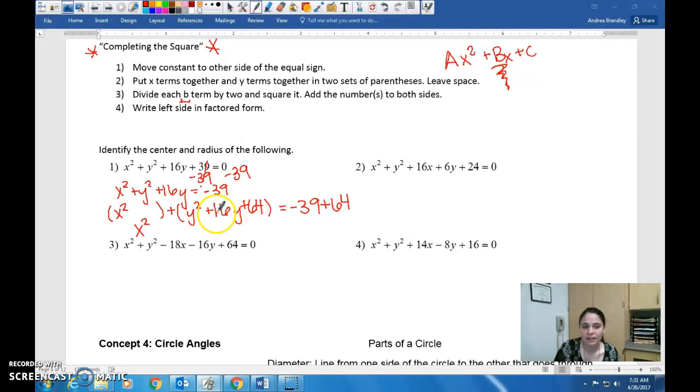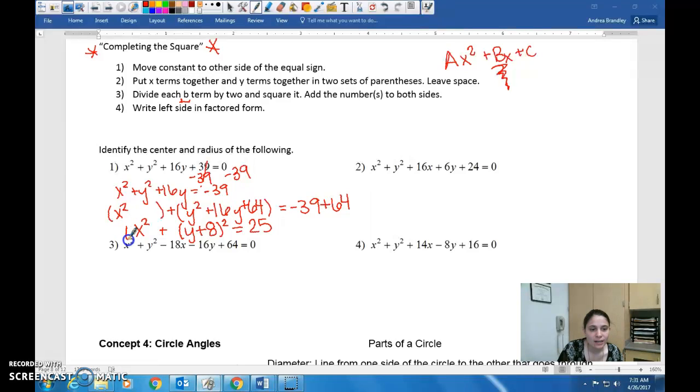But remember when I divided my b term by 2, 16 divided by 2 is 8. That number is going to work out for you every time. So this would factor to y plus 8 times y plus 8, which is y plus 8 squared. So I now have x squared plus y plus 8 squared equals, and then negative 39 plus 64 is 25.